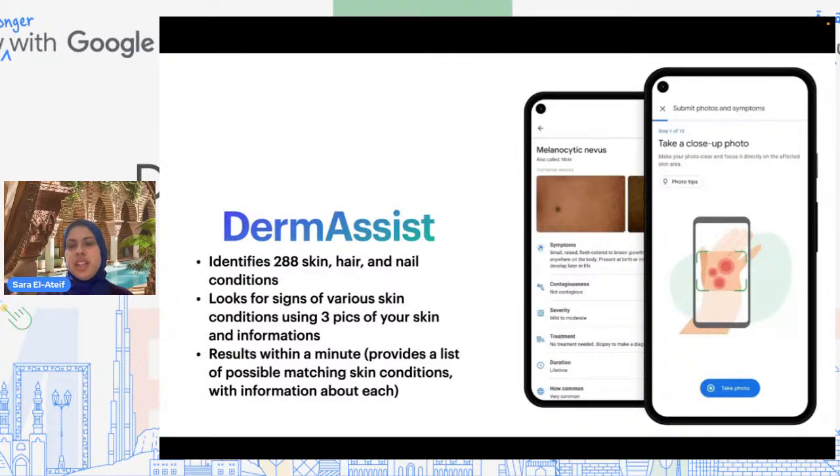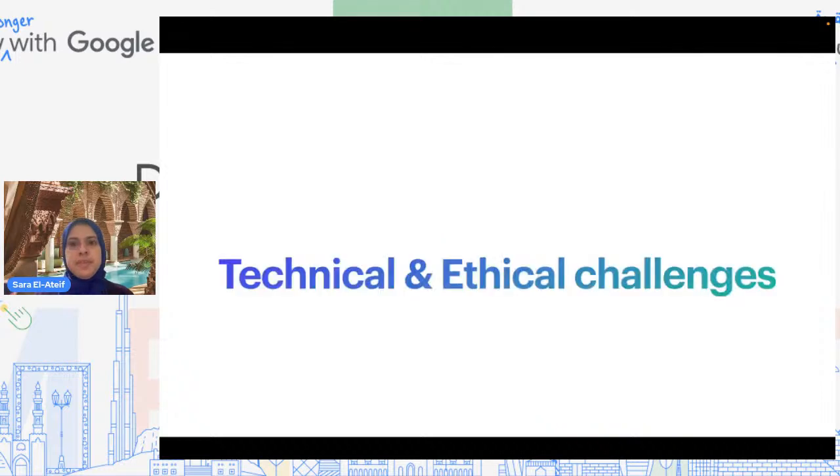As you can see in this picture, they, for example, say that the person has melanocytic nevus, also called mole, and they determine what kind of symptoms it might have, and then they tell if it's contagious or not, the severity, the possible treatment, the duration, how long it can last, and how common it is.